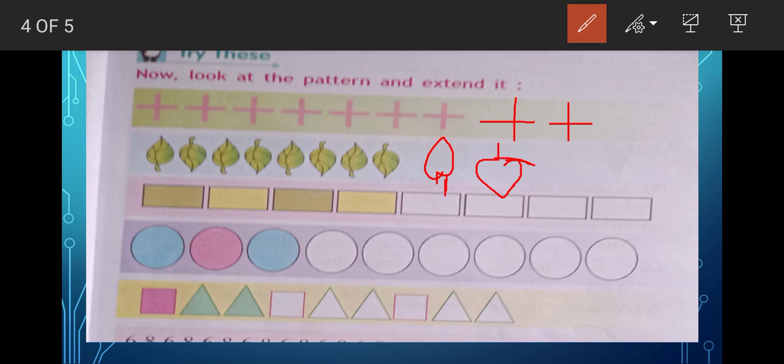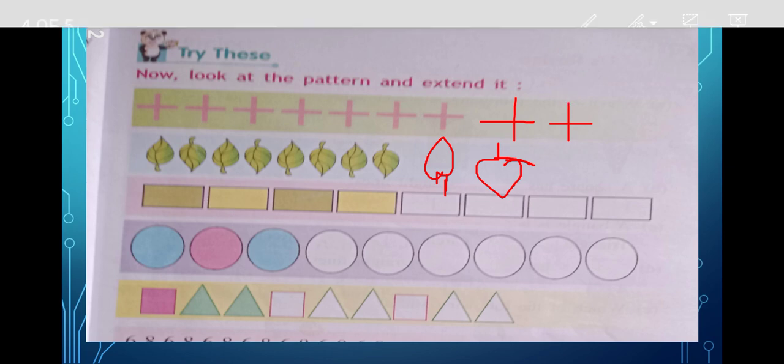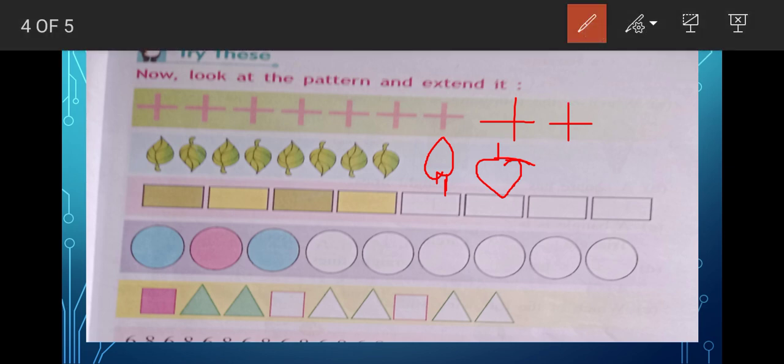Now you have to fill the colors here. Today I will not be filling the colors, you will be filling them. I will just tell. This is green, yellow, again green. Here you should put green color.